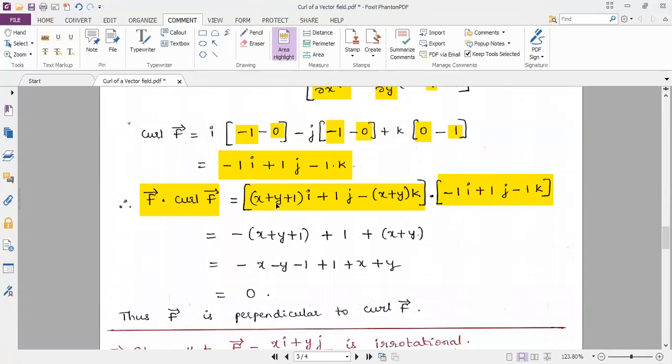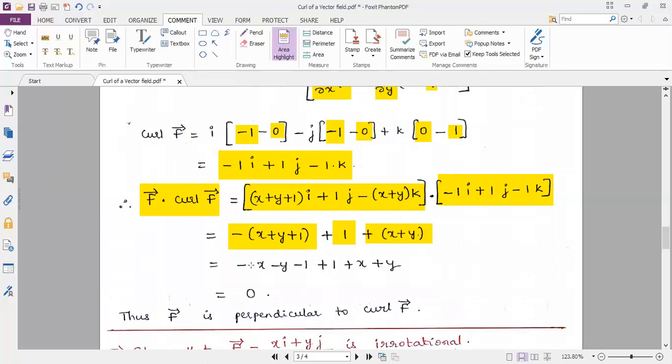So we get (x + y + 1) into −1, which gives −(x + y + 1). Similarly, j dot j is 1, so 1 into 1 is 1. k dot k is 1, so −(x + y) into −1 is plus (x + y).